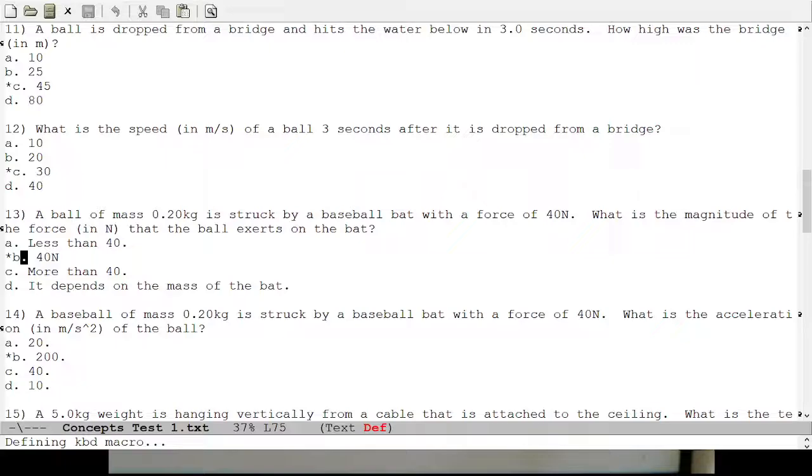Newton's third law is very simple, but it's often conceptually very challenging because it doesn't match what we think would happen. It turns out that the force due to the ball on the bat is exactly the same as the force due to the bat on the ball, just in the opposite direction.